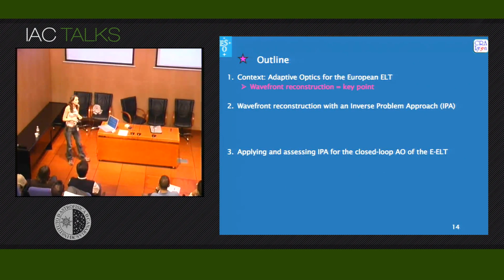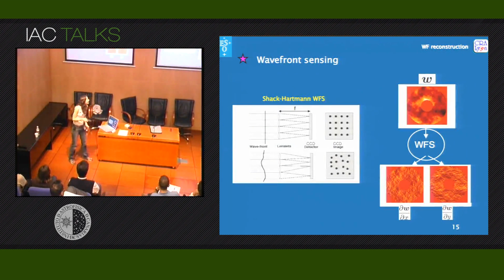So here is an example, again, of the most famous wavefront sensor, which is the Shack-Hartmann wavefront sensor. With the wavefront you observe, here a simulated image of wavefront perturbations over the pupil of the telescope, you sense the slopes, the local gradients of this image, on the wavefront sensor.